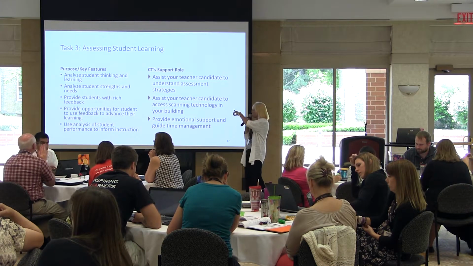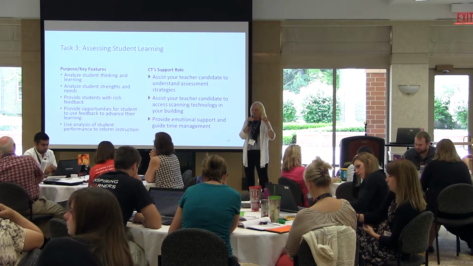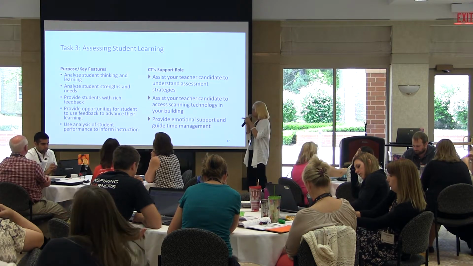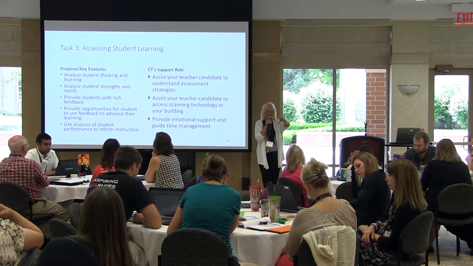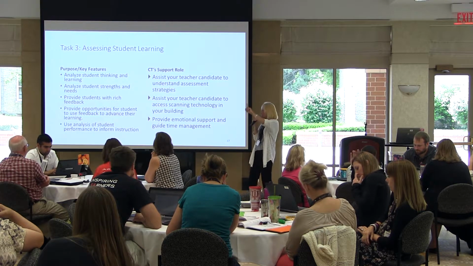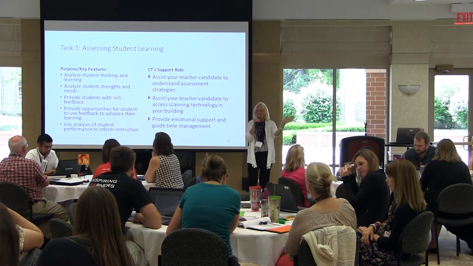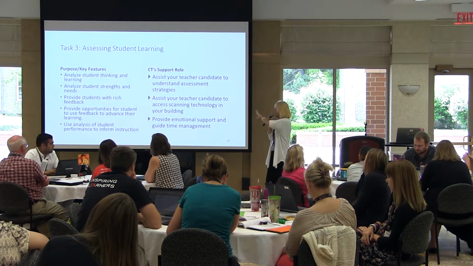The edTPA asks them again to look at both strengths and needs, not just one or the other. It has to be equal. So they have to pick three student work samples from this assessment. They pick that one assessment that gives them qualitative and quantitative data for the entire class.